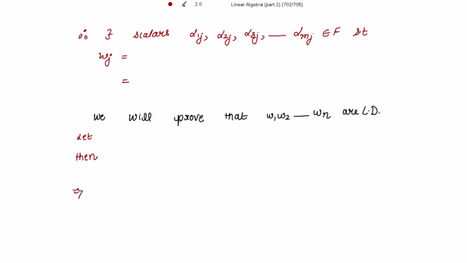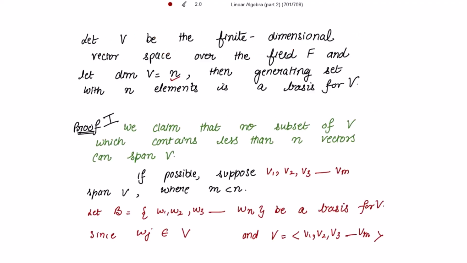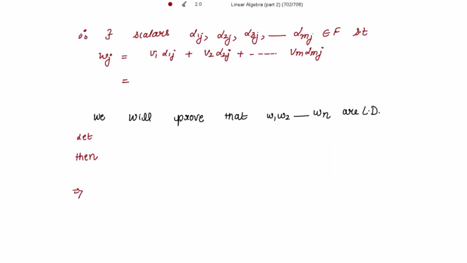So there exist scalars for that specific Wj, alpha 1j, alpha 2j, and so on, such that Wj is equal to V1 alpha 1j plus V2 alpha 2j plus so on, Vm alpha mj, because the total number of vectors in the generating set is m. So we have m scalars, right?